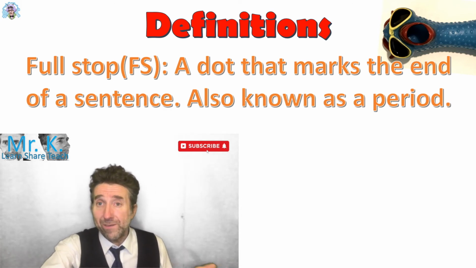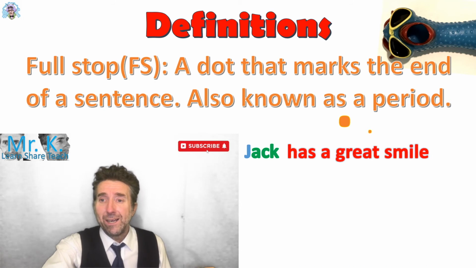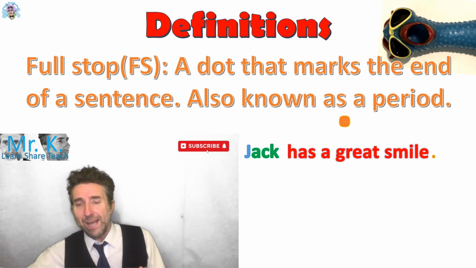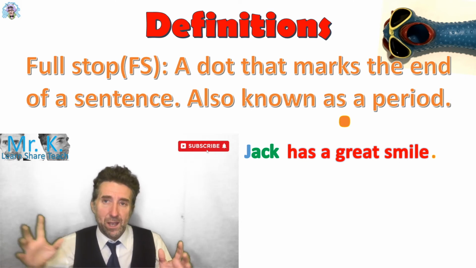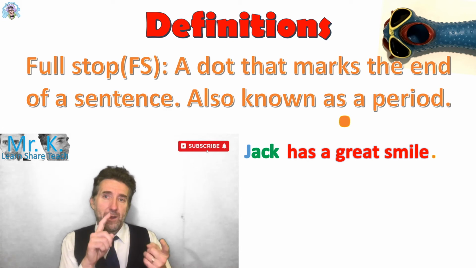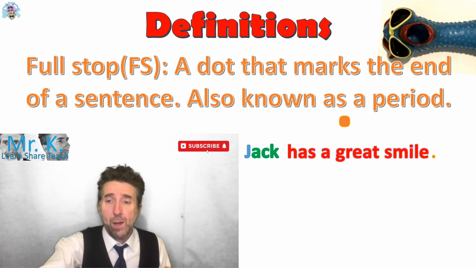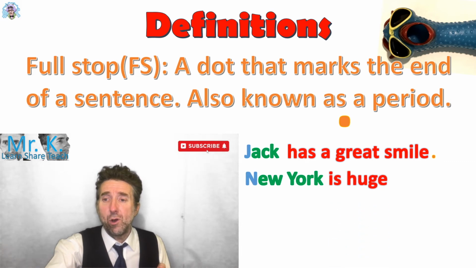So in our previous examples, I had Jack, and then we said something about it, has a great smile, and then we needed a full stop at the end. So there we go, we've got all the elements of a sentence that we actually need. So we've got the who or what at the beginning, we've said something about them, and we've got the full stop. Another example, New York is huge.